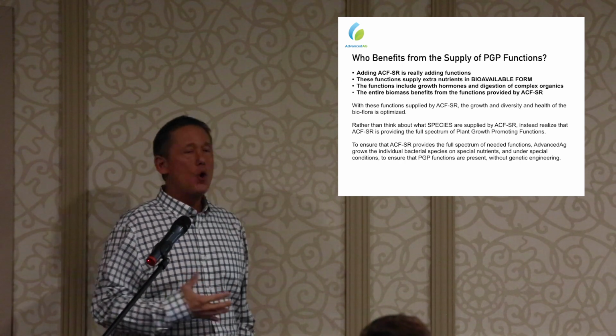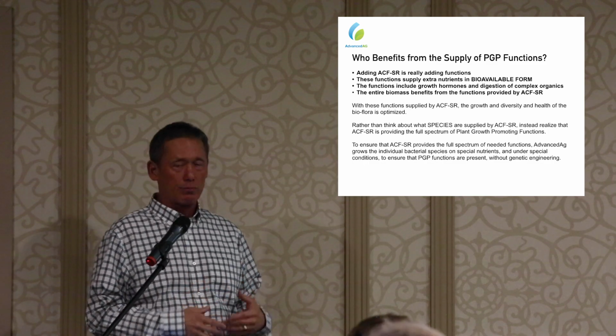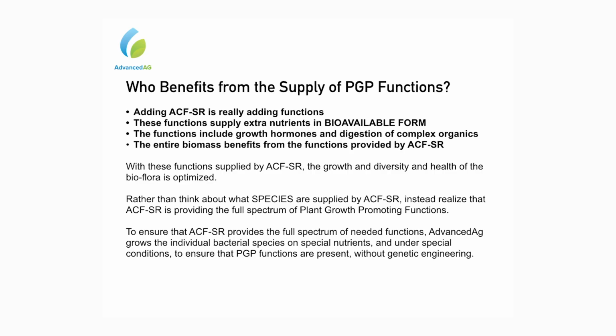Now, who or what benefits from the supply of all these plant growth promoting functions? And now we're really making the transition from talking about bacteria or fungi to these functions. When you add these functions into the crop, you're not really adding the species that are generated in that brew tank.